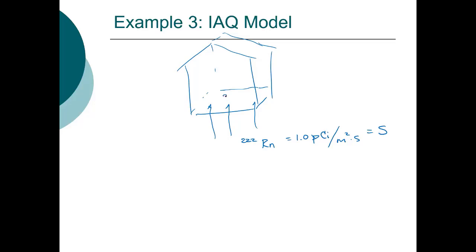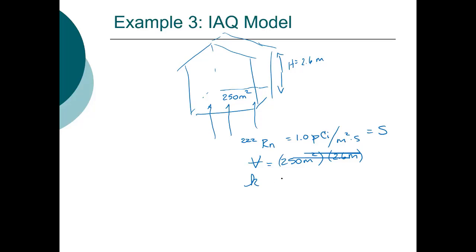The floor area is 250 meters squared. The ceiling height is 2.6 meters. So our volume is equal to 250 meters squared times 2.6 meters.